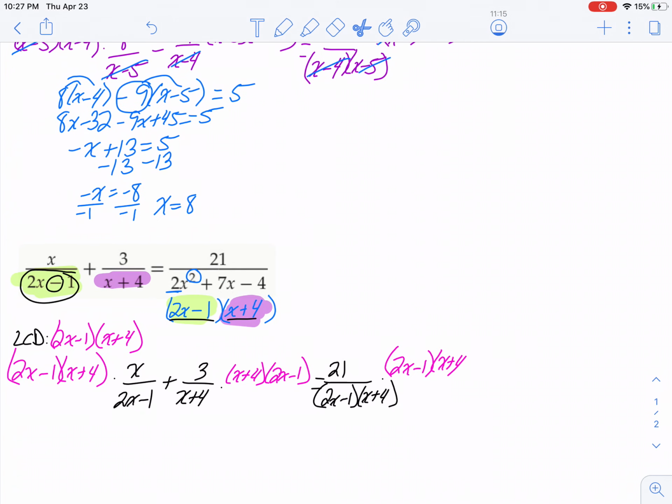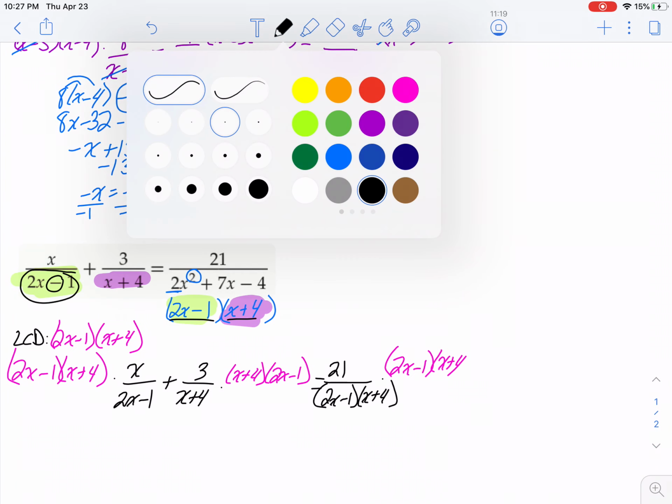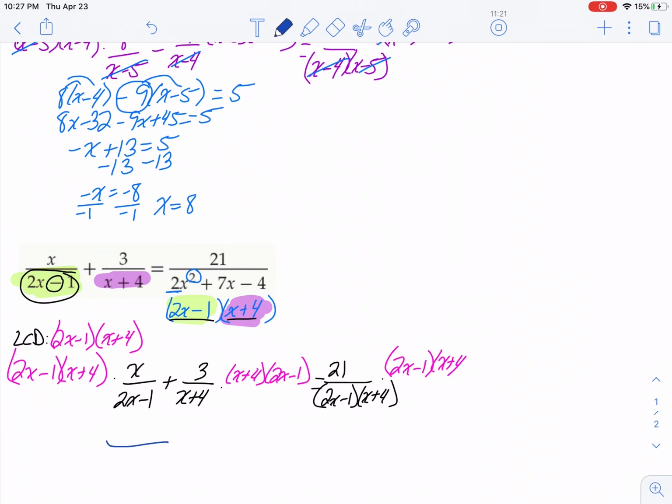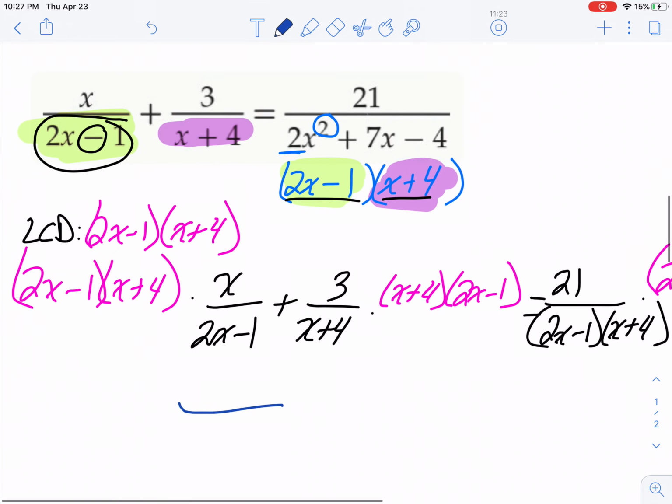Alright, so now, got that all multiplied out, let's go ahead and see what we can cancel. So, over here, I get a question a lot of times on this fraction right here. Can I cancel my x's? I got an x up top and an x connected to the 2.